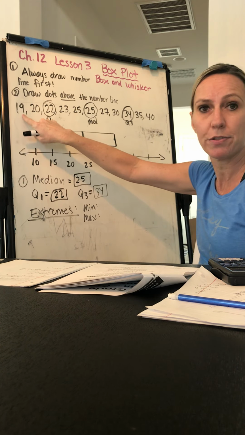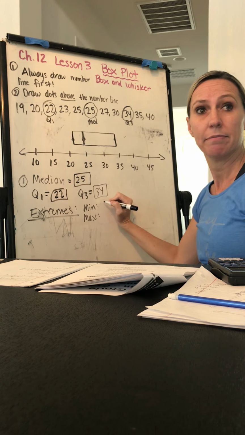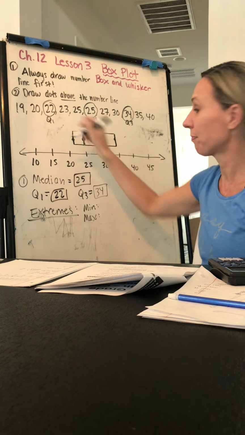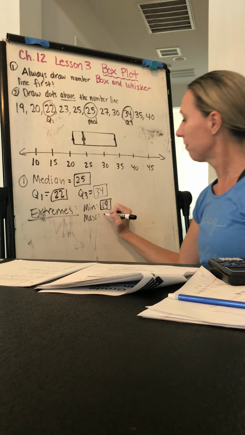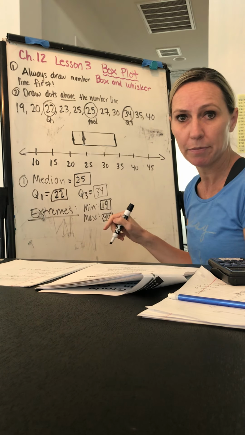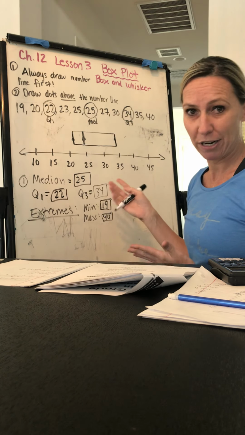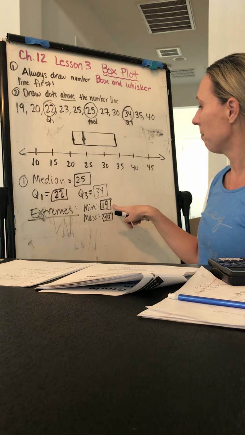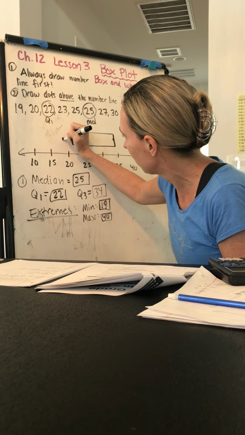Bentley, what's the lower extreme? 19. Yep, and what's the maximum or upper extreme? 40. On the calculator, they're referred to as minimum and maximum, and in higher level math, that's what they'll be called, but lower and upper extremes are the same thing. Minimum's 19, so we're going to go right here and draw a dot.